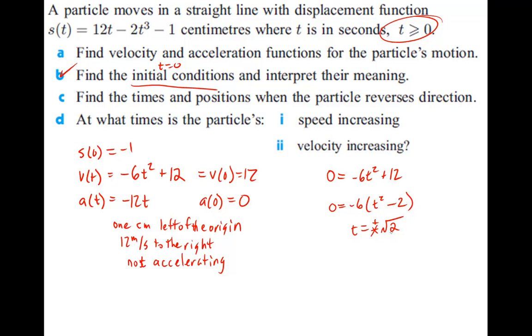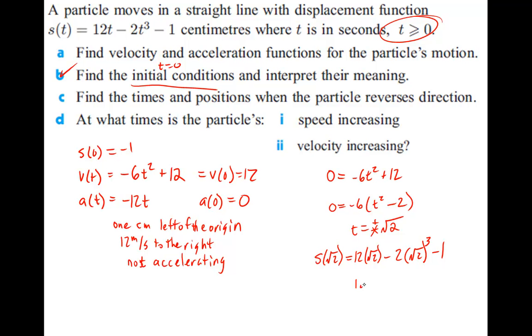To get the position, you're just going to take root 2 and put it into your equation. So s of root 2 is equal to 12 times root 2 minus 2 times root 2 cubed minus 1.